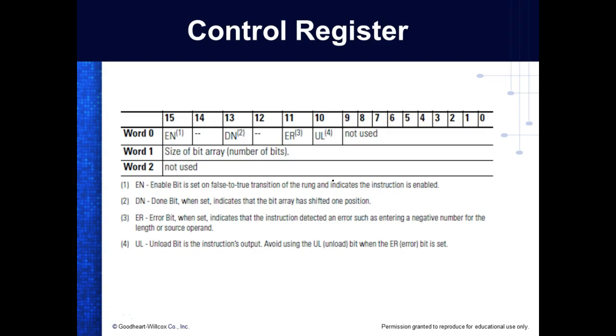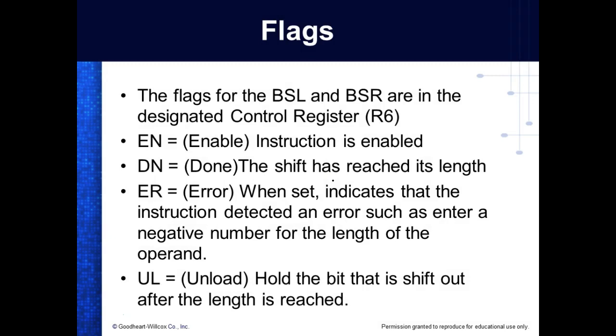So we can actually shift through more than 1 word. How does it do that? Once it shifts through 1 word, it automatically increments the index register and goes to the next word, the next word, the next word. So we can go through a ton of words using this. This is the actual entry out of the RS Logix 500 book. So here are our flags.